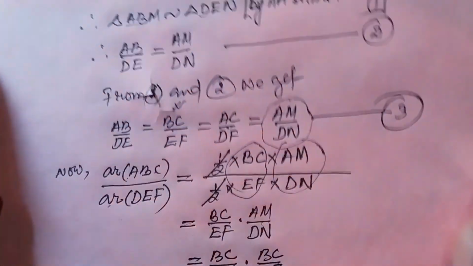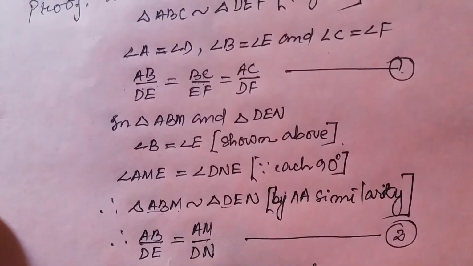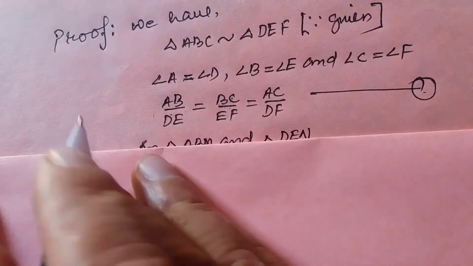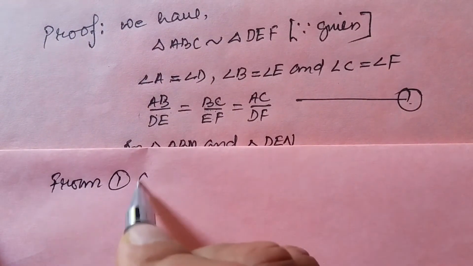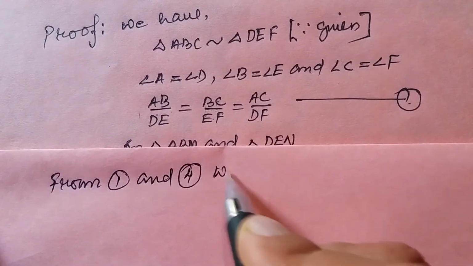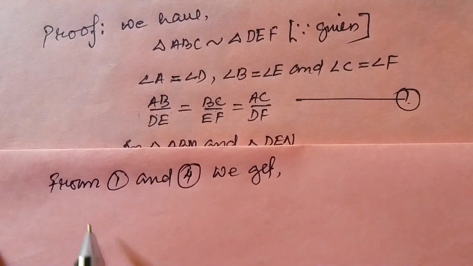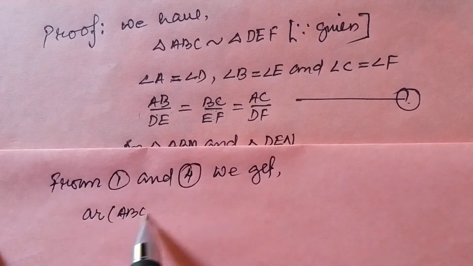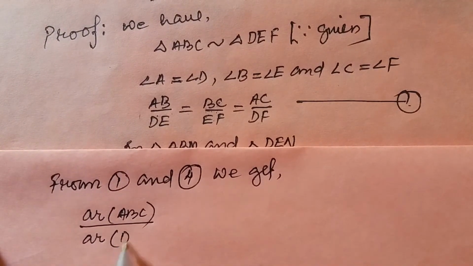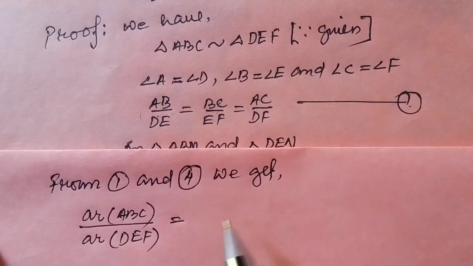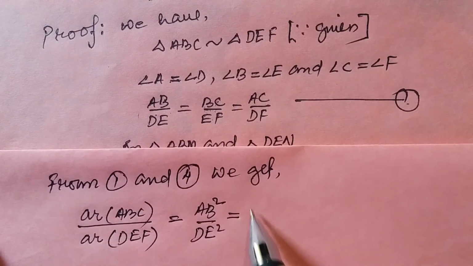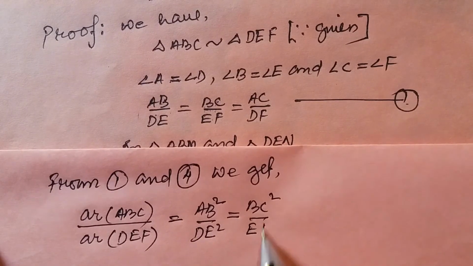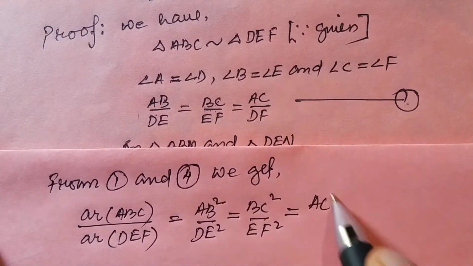So finally we can write here from 1 and 4, we get area of triangle ABC by area of triangle DEF is equal to AB square by DE square is equal to BC square by EF square is equal to AC square by DF square.